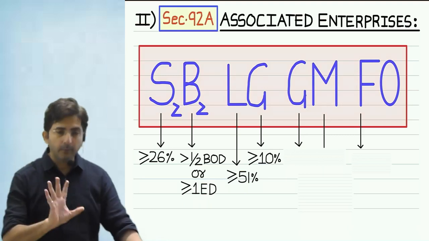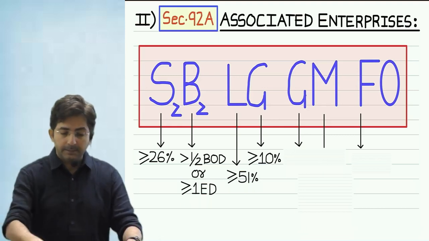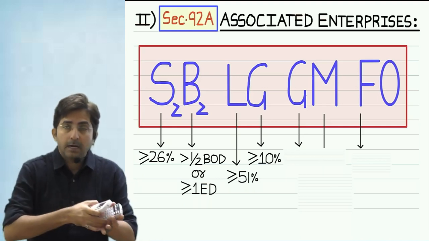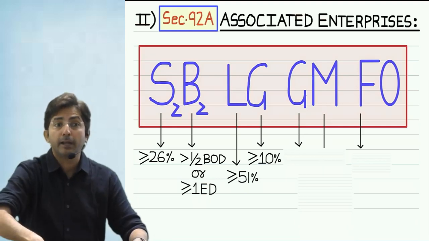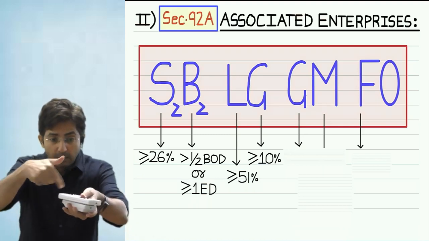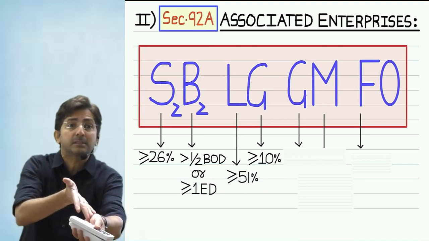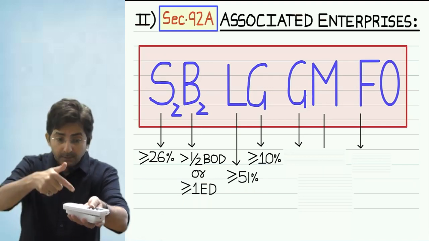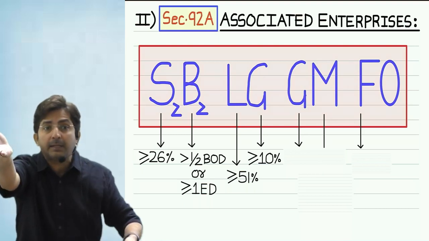But let me repeat once again. Goods manufactured by one enterprise are sold to another enterprise. Now comes the main point. And the price etc. of that product is influenced by another enterprise. The main point is that the price etc. of the product is influenced by another enterprise.